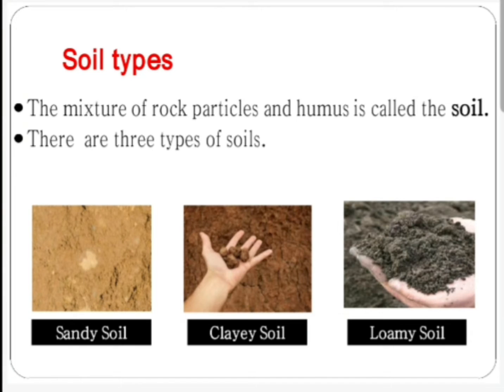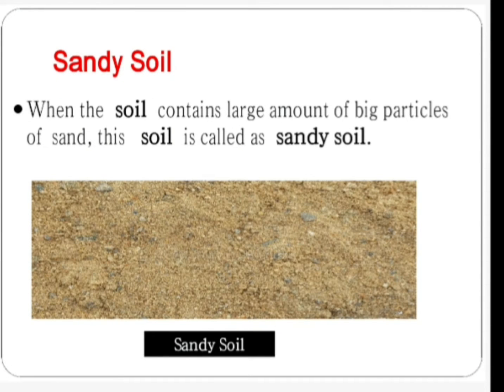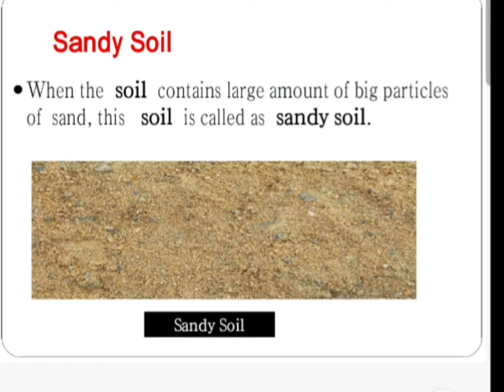And there are three types of soil: sandy soil, clay soil, and loamy soil. Okay. First soil is sandy soil.